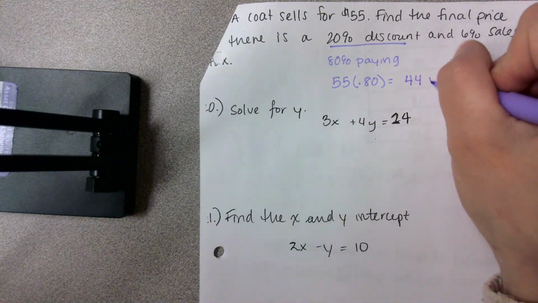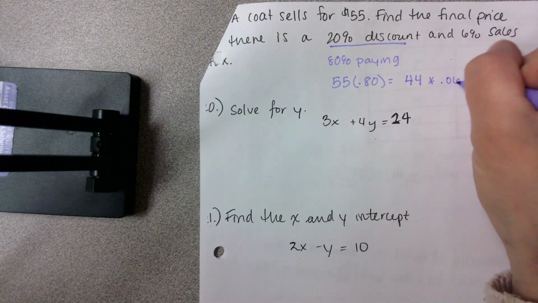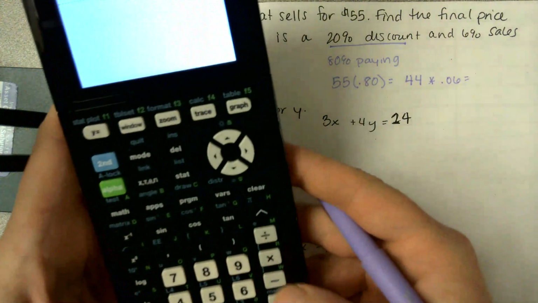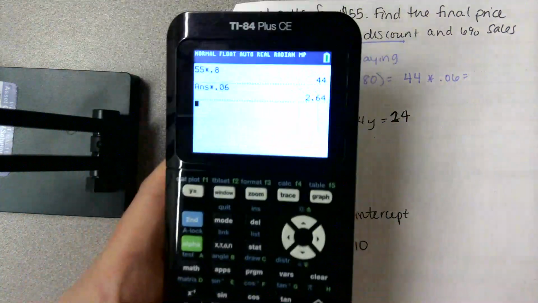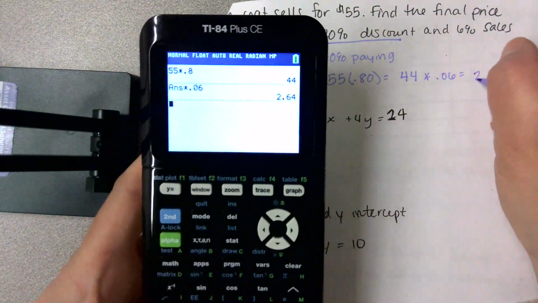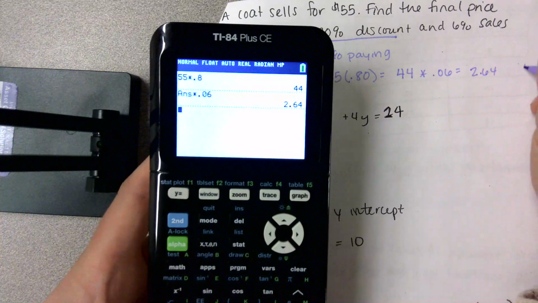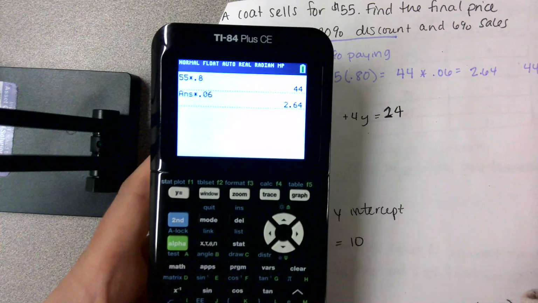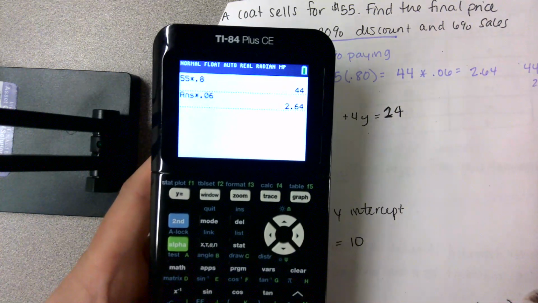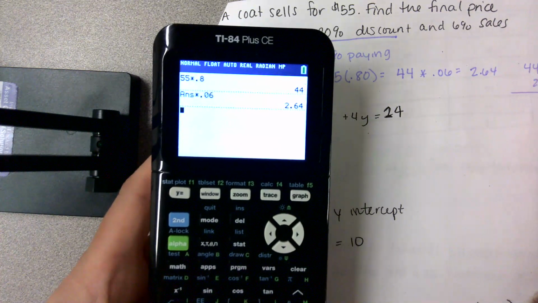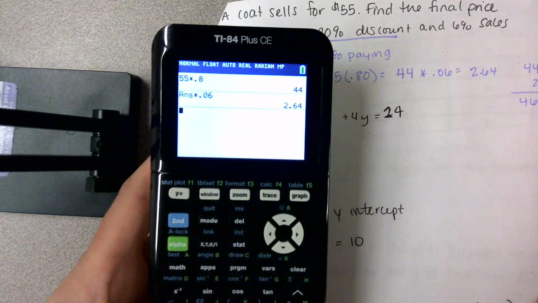Tax is 6%. So times 0.06 equals $2.64. So 44 coat, 2.64 tax, total is $46.64.